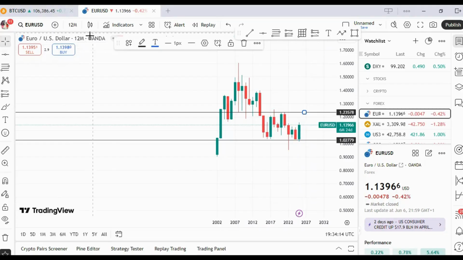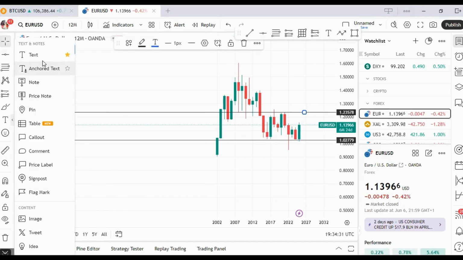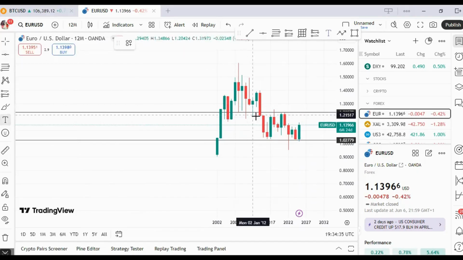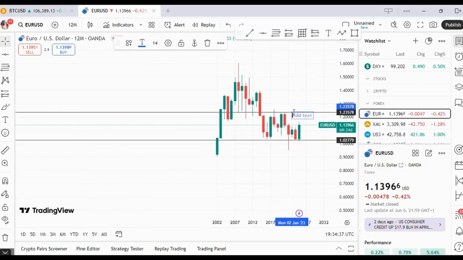Now, this is our yearly time frame. So for you that is a beginner, you can decide to use different colors, or put a text there. You can put anything you want. There are so many instruments: text, anchor, comments. You can come here and put a text so that you won't forget.